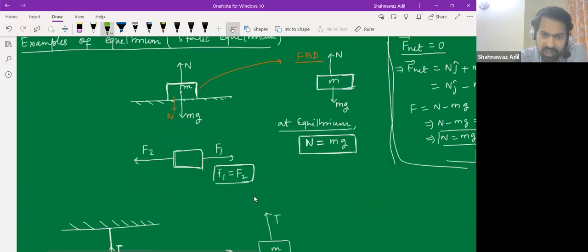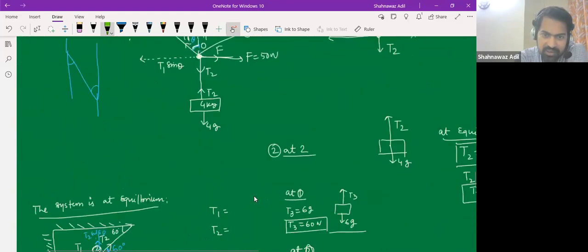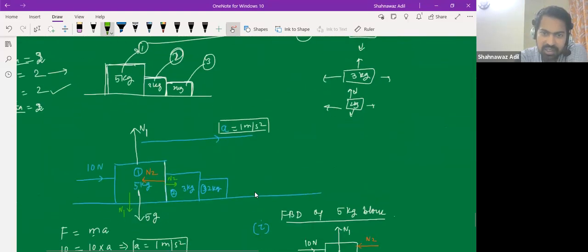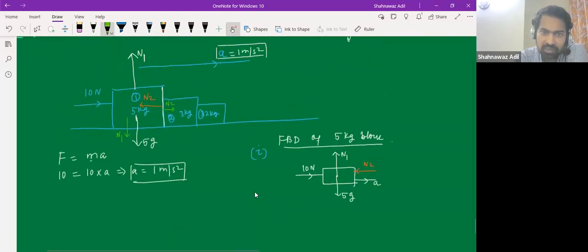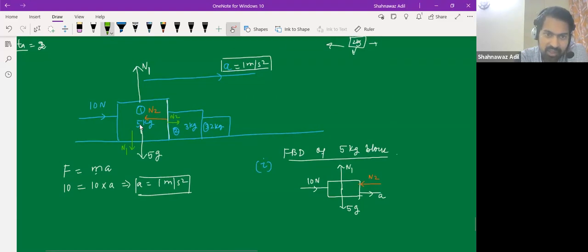So in this case, this 5 kg block is applying the normal reaction to the surface, the ground, and this 5 kg block is applying the normal reaction to this 3 kg block. Is this part clear, everyone?